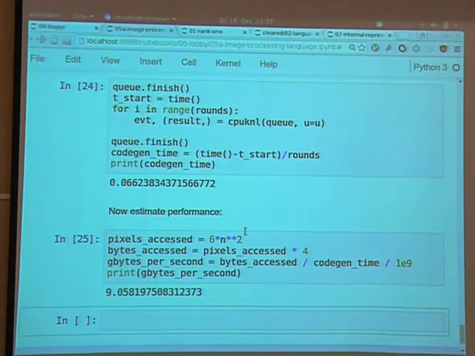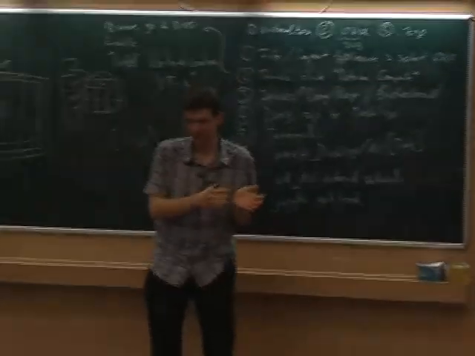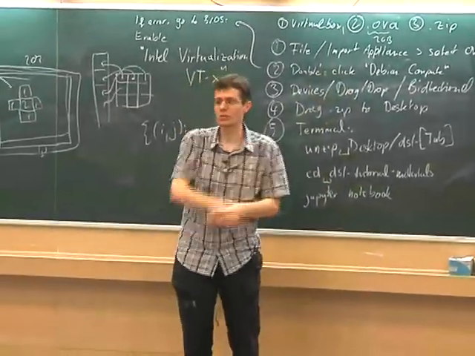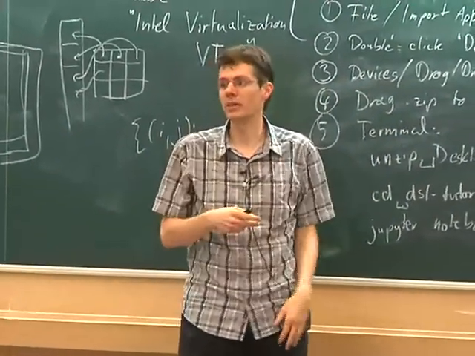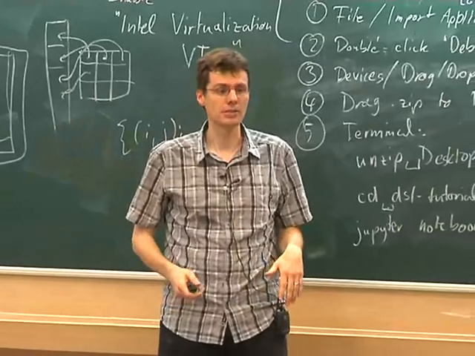There are these other machines that I'll talk to you about tomorrow called GPUs, where this number, the peak gigabytes per second this thing can do, which is about 20, is more like 500 on a GPU. That means something like this could go a whole lot faster. And with Loopy, you're in good shape to also take your code to those machines, although the code is going to look a good bit different than the code that runs fast on a CPU.